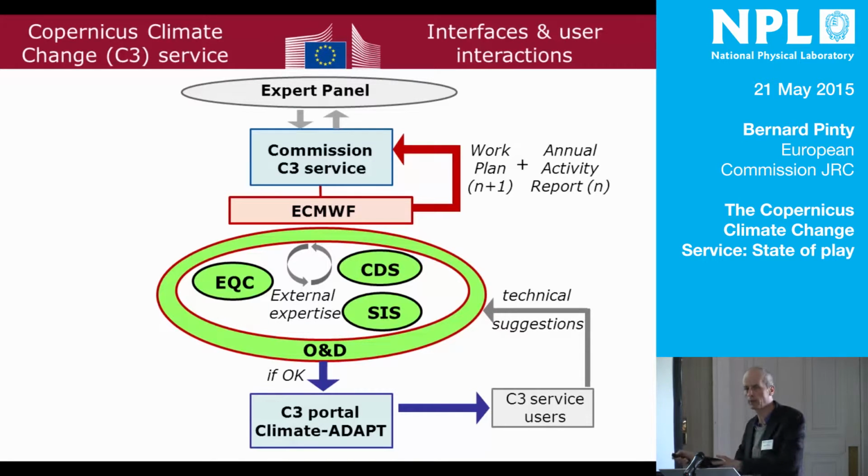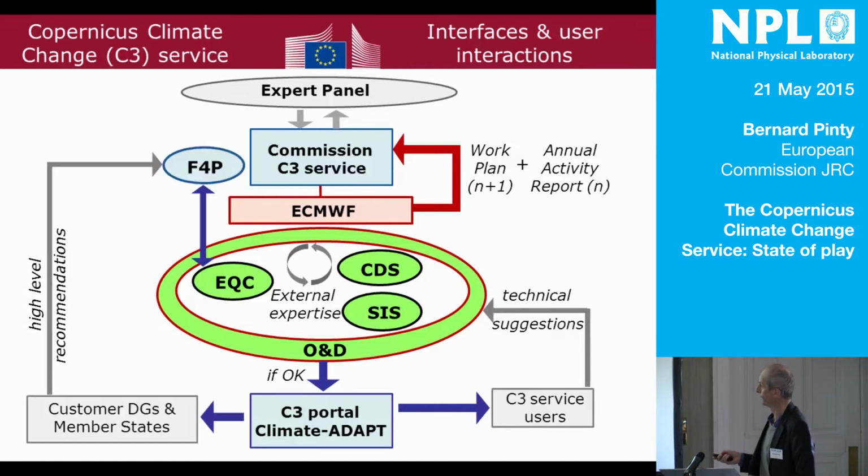That's member states representation. That gives the possibility of our colleagues to raise their voice and express whatever thing they would like to have. And that extra component here is coming from, basically, customer DGs, member states, to provide high-level recommendations on how the system could improve or what it should be doing extra that it doesn't do yet.